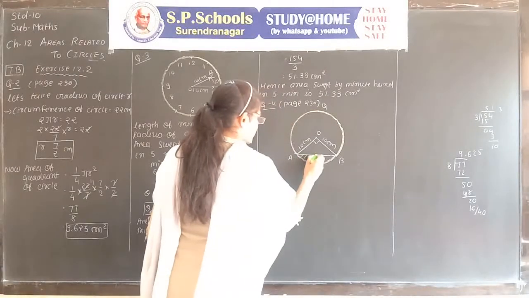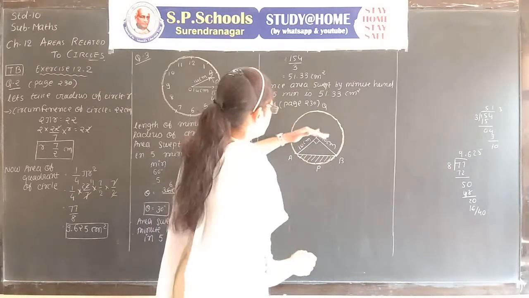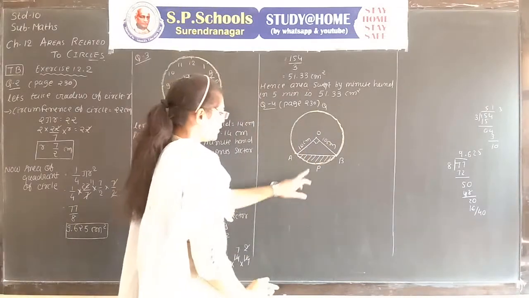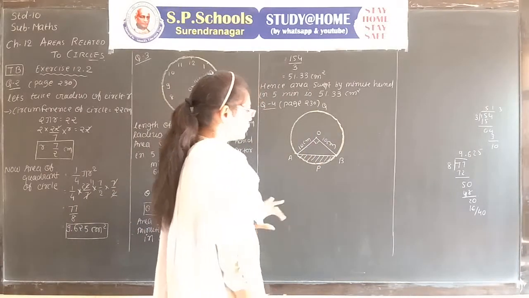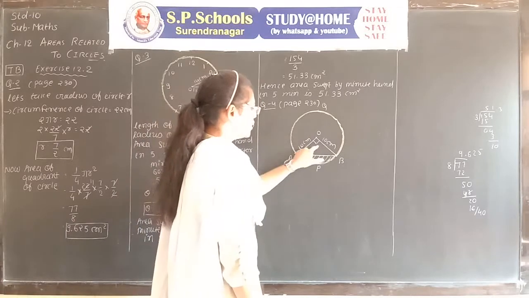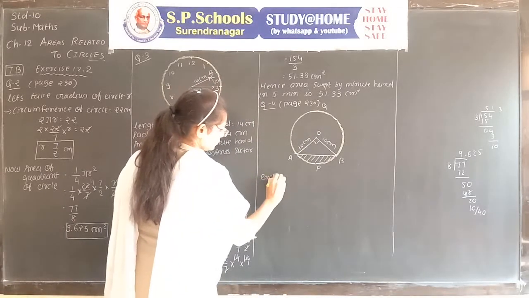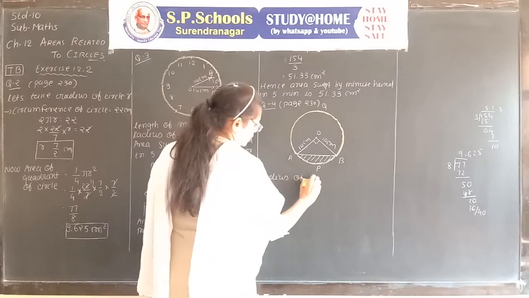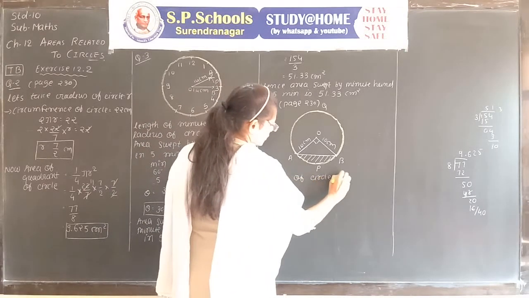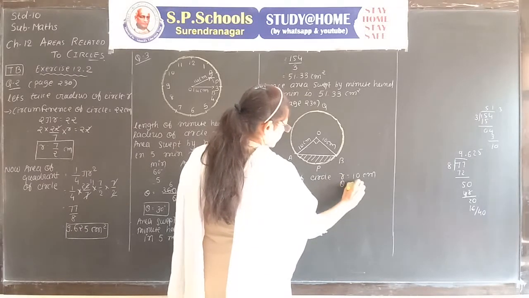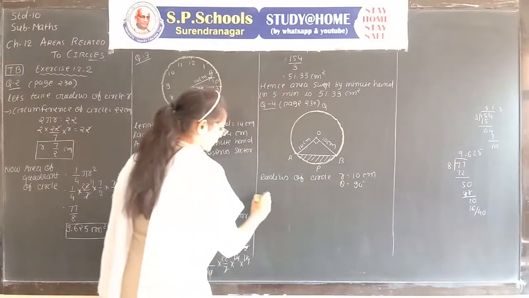APB represents the minor segment and OAQB the major sector. To obtain the area of segment APB, we first require the area of the sector, then the triangle. First write the radius of the circle: R is equal to 10 centimeter. Theta is equal to 90 degrees.